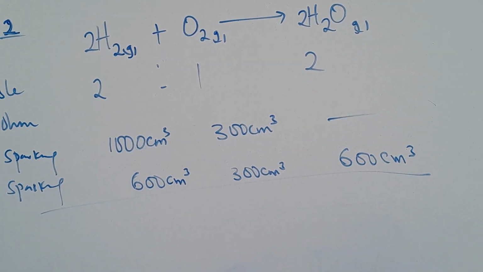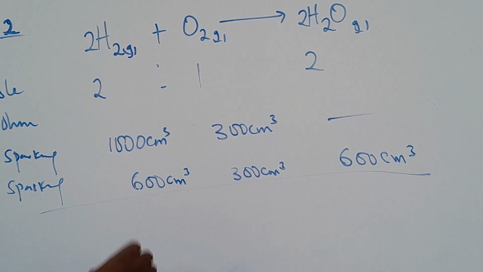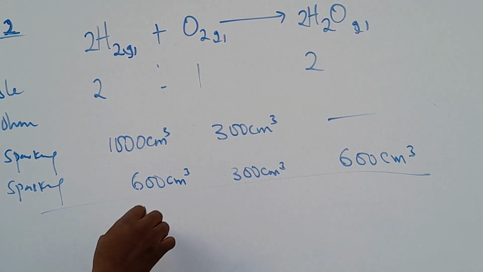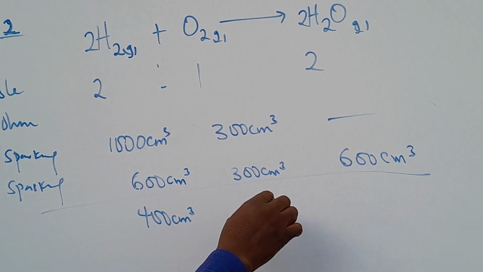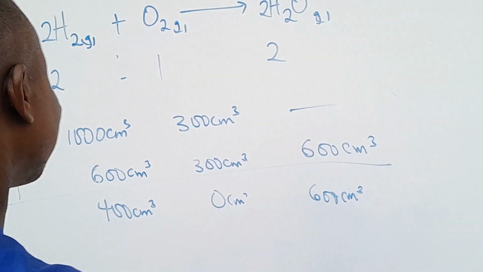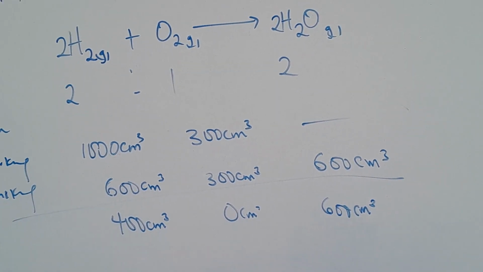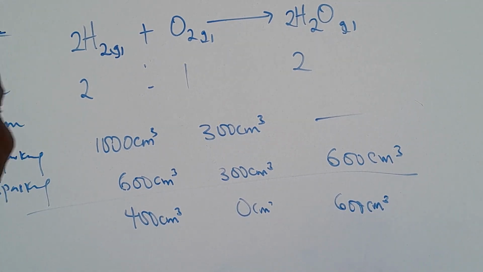So let's do our evaluation. What's the difference between these? We have 1000 minus 600 giving us 400 cm cube. We have 0 cm cube and we have 600 cm cube. The question says, what volume of hydrogen will be left? So let's look at it.